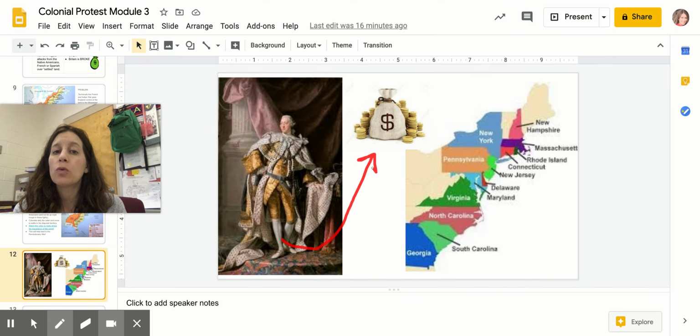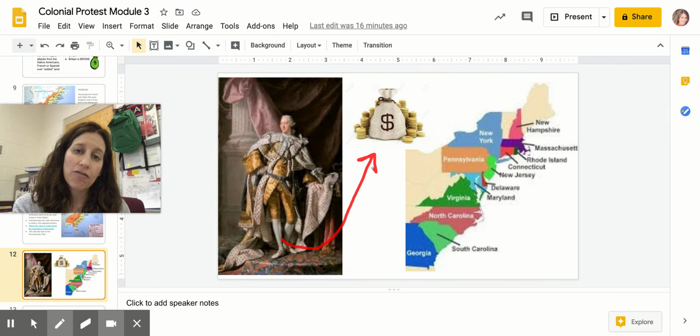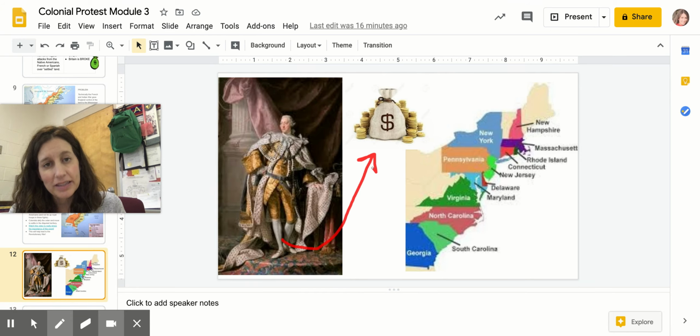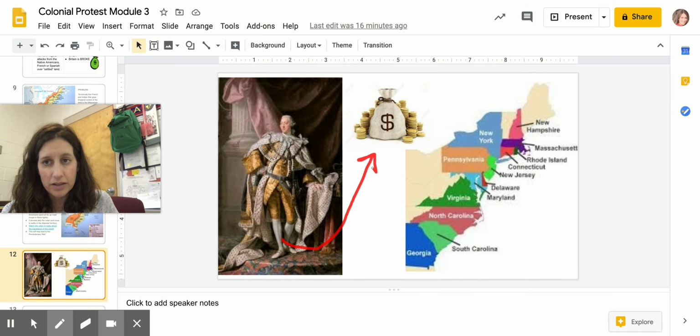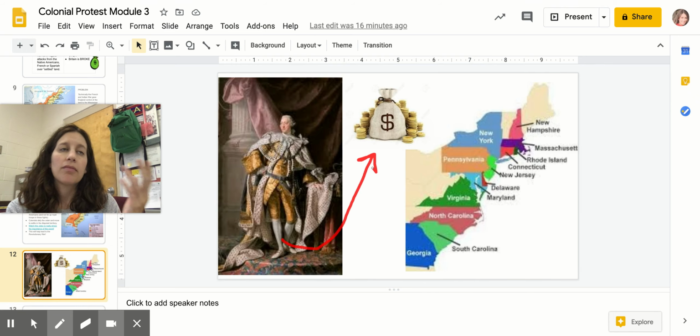The French and Indian War tied up a lot of British money. And then on top of that, Pontiac's Rebellion after the French and Indian War cost him money too, because he doesn't want to have to send more royal soldiers over to fight the Native Americans over land that technically should belong to the colonists after the French and Indian War.